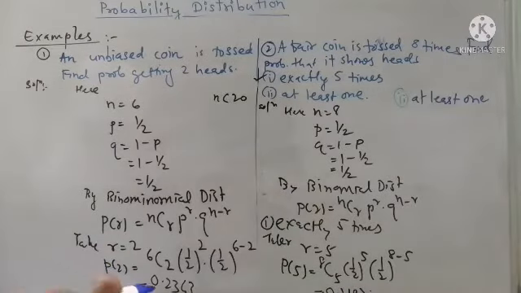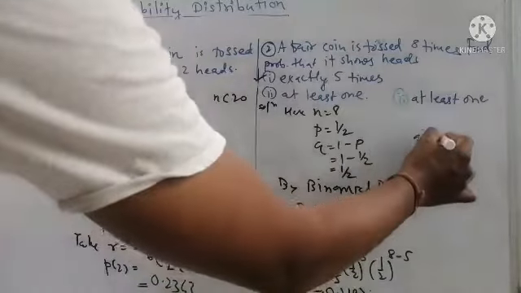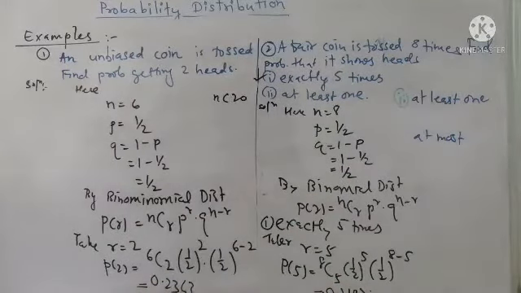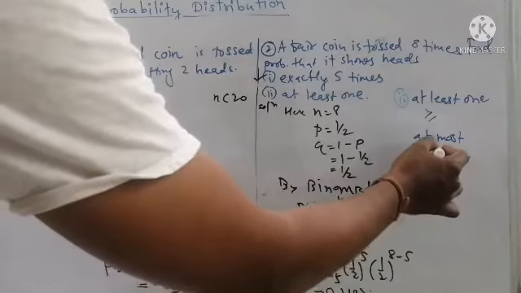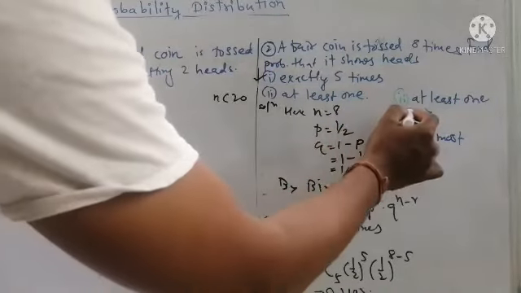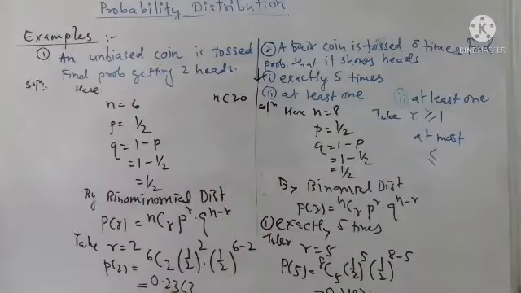Number 2, at least one. As here at least is given, it is an inequality, whereas exactly is an equality. At least and at most are the two inequalities we are asked about. For at least we use r greater than or equal to 1.